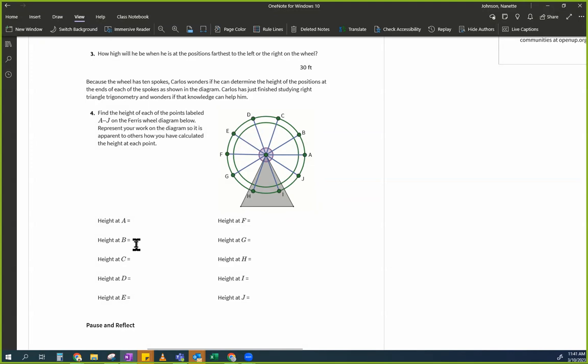I should write in A. You already told me this is 30 feet. And this one's 30 feet.